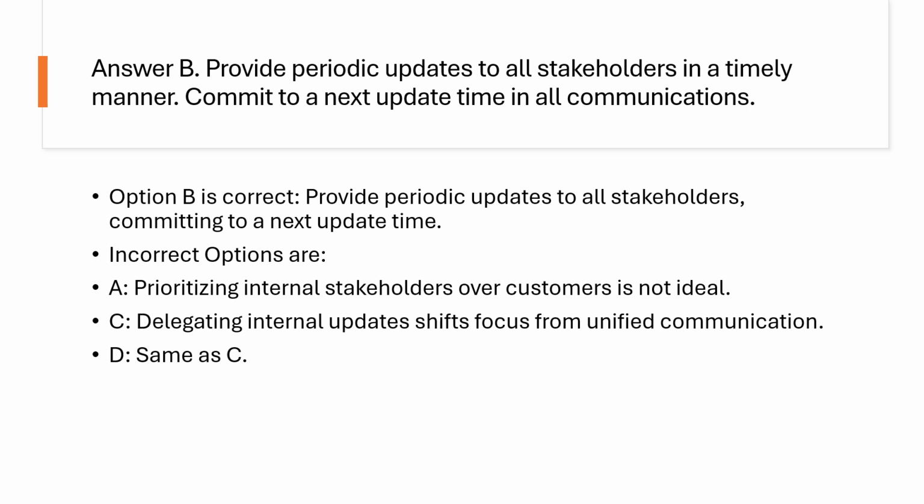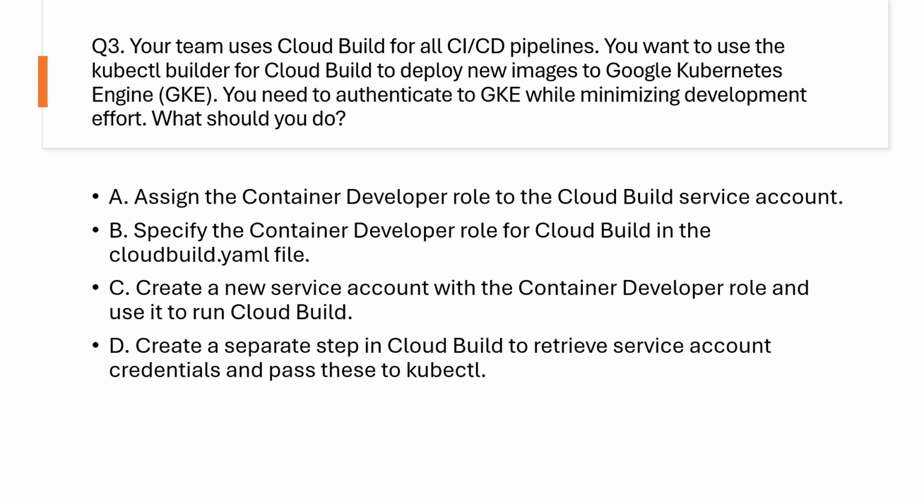Simply focusing on customer communication while ignoring the internal stakeholders creates an information gap and can increase the length of time needed to resolve an issue. Regular updates with committed next update times, as in option B, ensure transparency and manage expectations effectively for both internal and external parties.